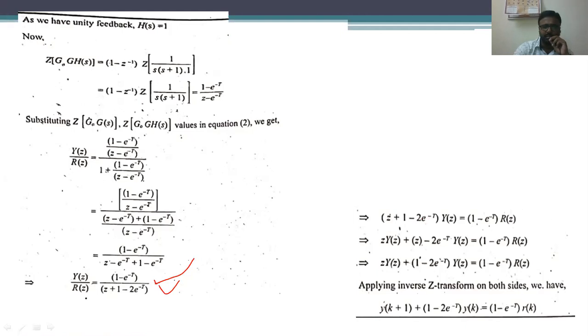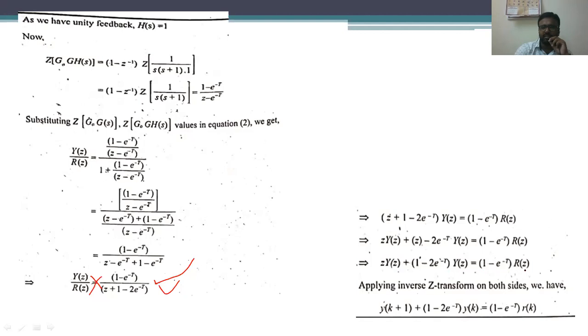Just cross multiplying these values, we get z plus 1 minus 2 into e power minus t into y of z is equal to 1 minus e power minus t into r of z. Multiplying these values, we get z into y of z plus 1 minus 2 into e power minus t into y of z is equal to 1 minus e power minus t into r of z.